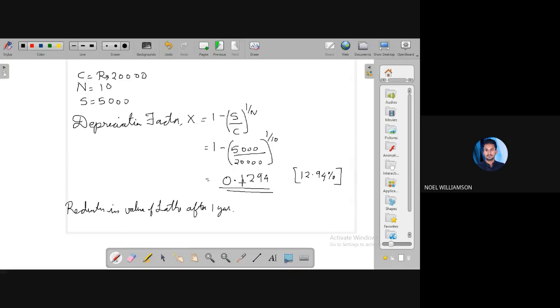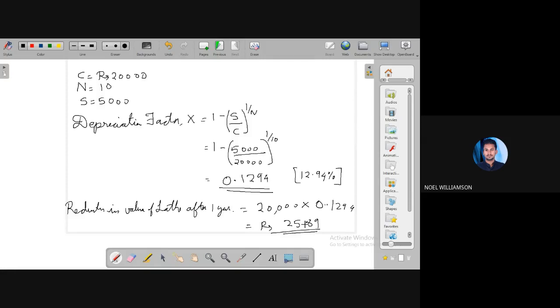After 1 year, the initial cost was 20,000, and 12.94% of this value will be reduced. So we multiply this by the factor 0.1294, then you get the value which is reduced, that is rupees 2589.